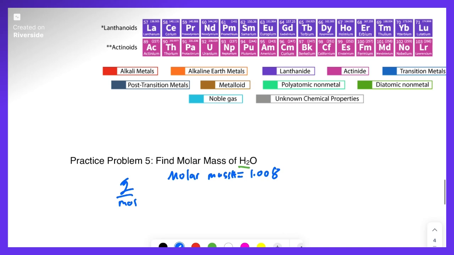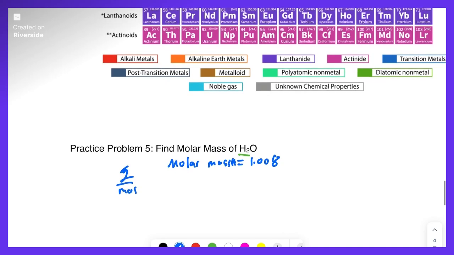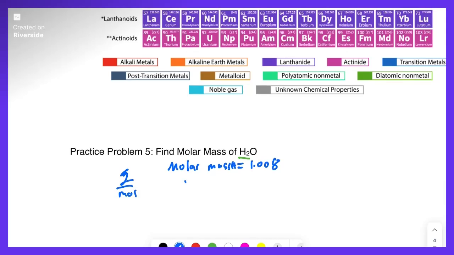Now, it says that we have two hydrogens, so to find the molar mass of H2, we just do 2 times 1.008, and that gives us 2.016. So this is the molar mass of H2.